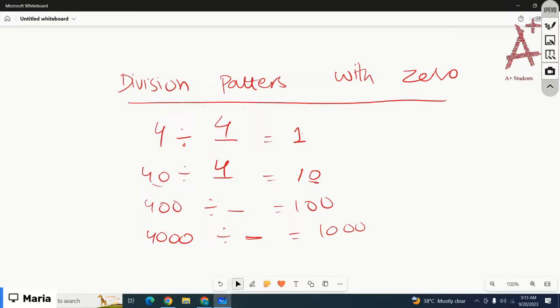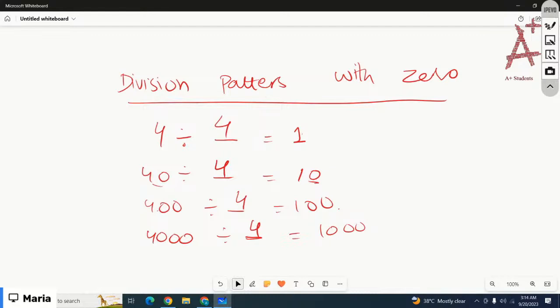Then you have 400 and here you have 100, right? That means you have to divide again by 4. Here you have 4000 and here you have 1000. That means you have to divide it by 4, right? You just have to complete the patterns. You just have to see which number is missing. That's how you complete division patterns with zeros, right?